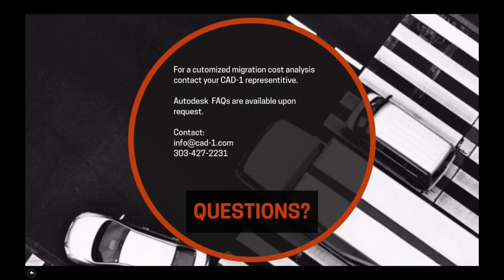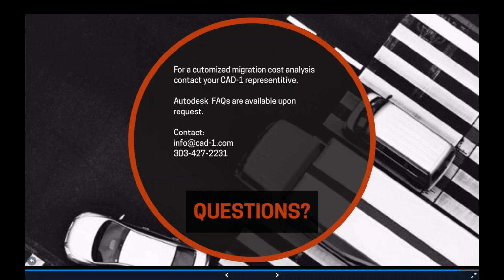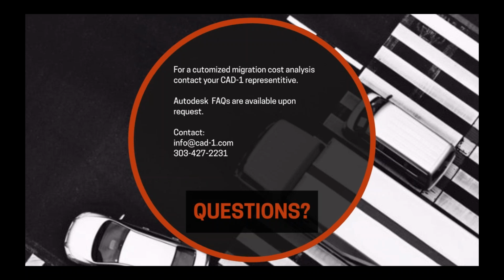Great. All right, so we've got a customer that has 20 seats, 12 are standalone and 8 are network. Is there a cost to have all 20 seats be networked? Isaac. So, great question. We get this a lot. Right now, for the ones that are on standalone, at the time of renewal, you can only migrate to the exact same access type.